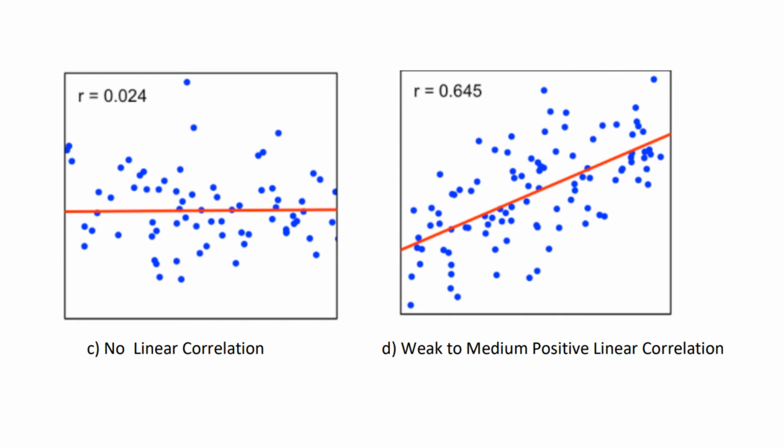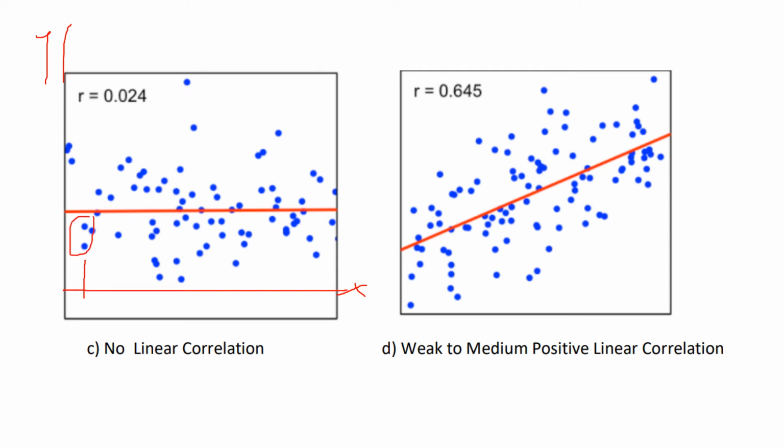So here, in your figure letter C, there is no linear correlation, in the sense that, for example, if this is your x and this is your y, one value of x can provide you two values of y.